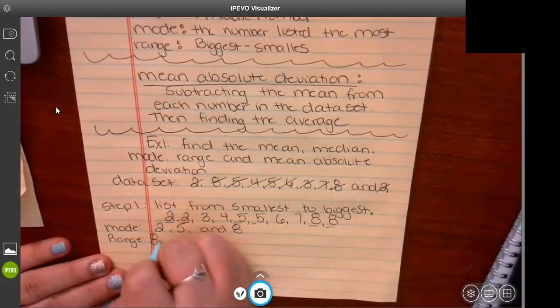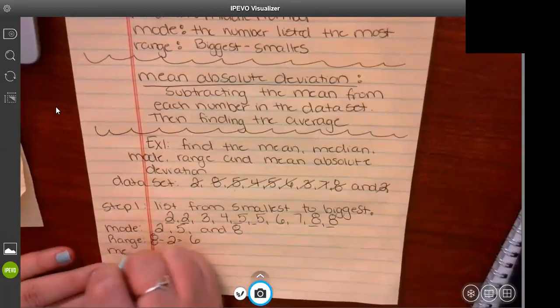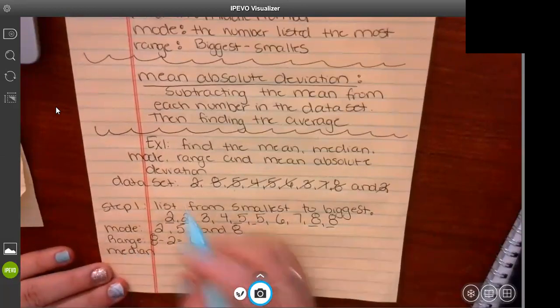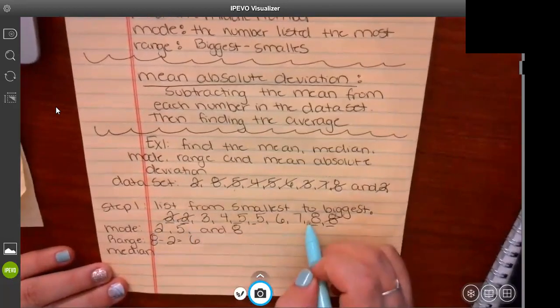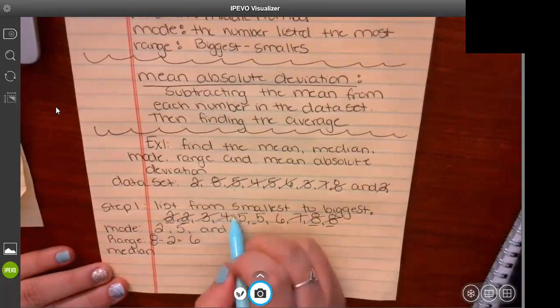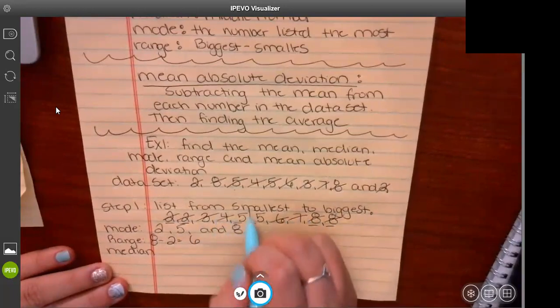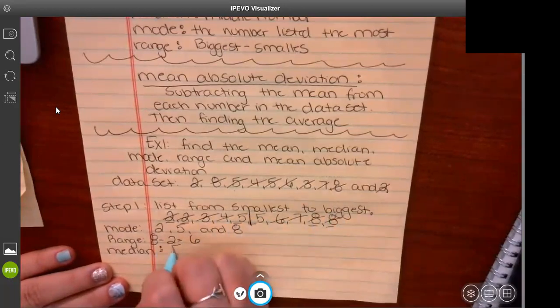So 8 minus 2, which will give us 6. And the median is our middle number. So we will have to cross out till we find our middle number. So our middle number is right here between 5 and 5. So we know our median is going to be 5.